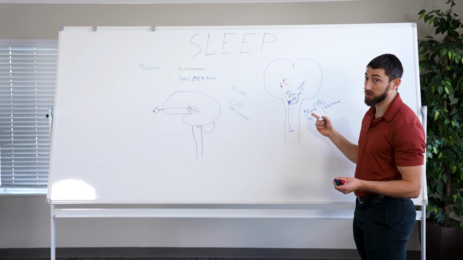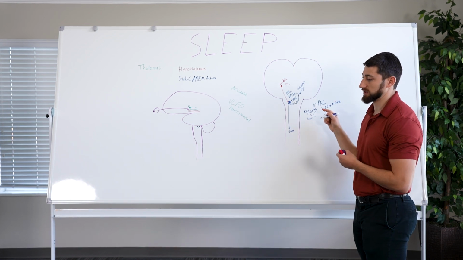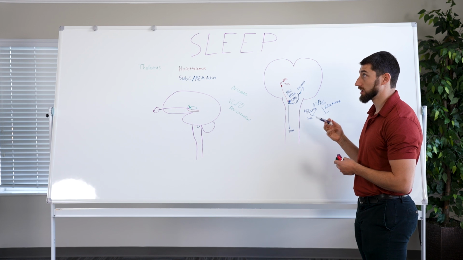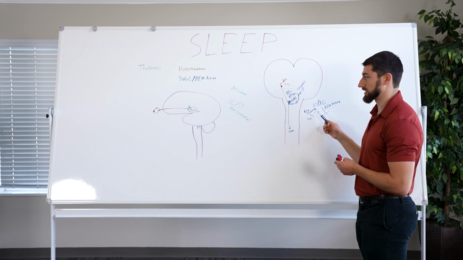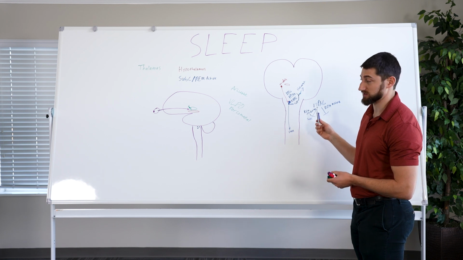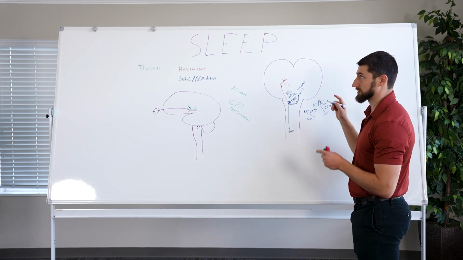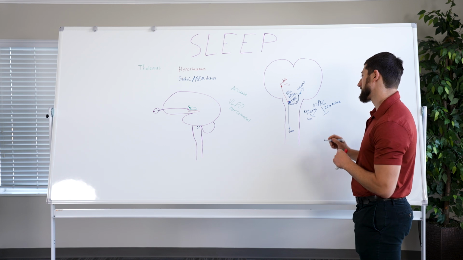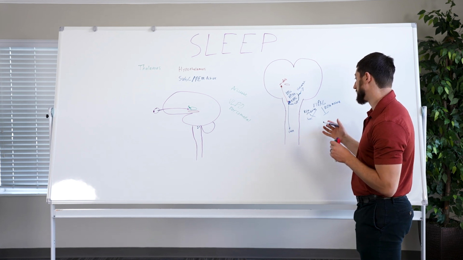So that's going to be like, hey, wake up now. So that's why it's a problem with REM sleep behavior disorder, because they don't wake up. Like they can bash their face into something or kick something, and they're not waking up. They're staying asleep regardless of pain or anything like that.